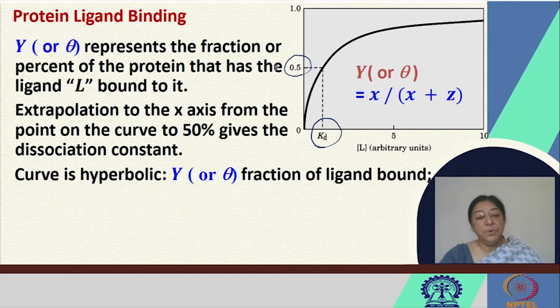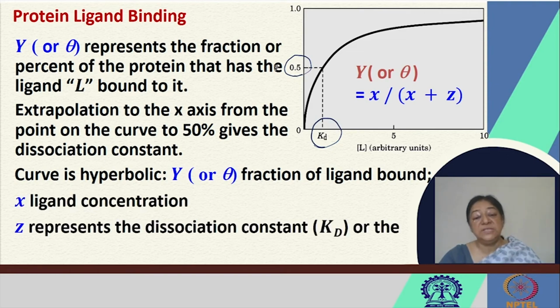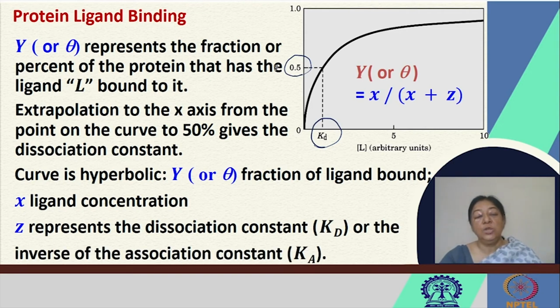The curve is hyperbolic in nature, indicating the fraction of the ligand bound, x being the ligand concentration, and Kd that represents the dissociation constant, or the inverse of the association constant.